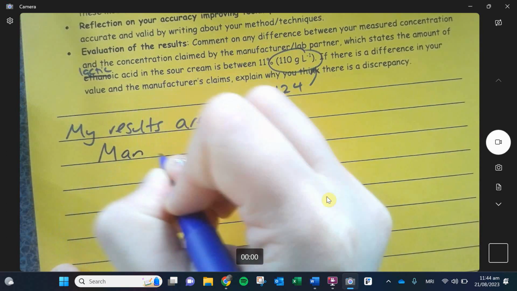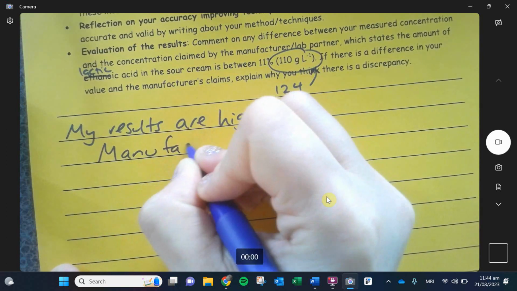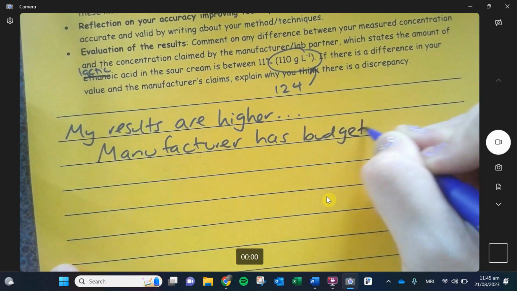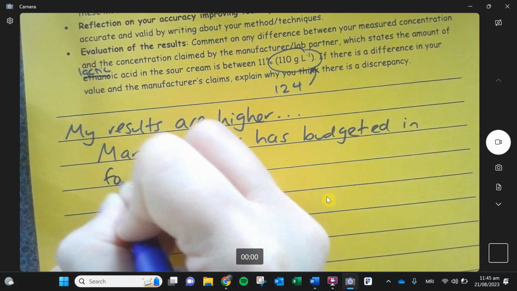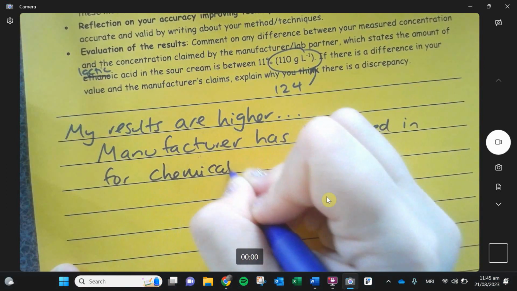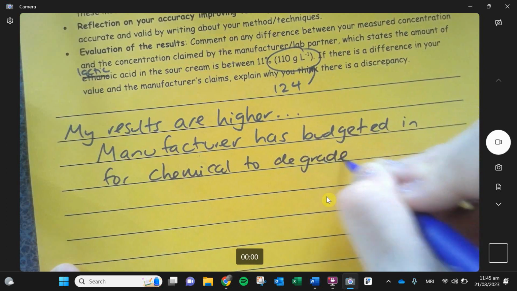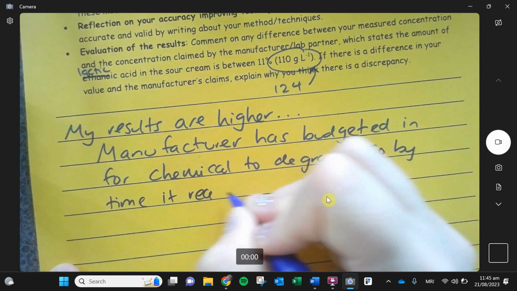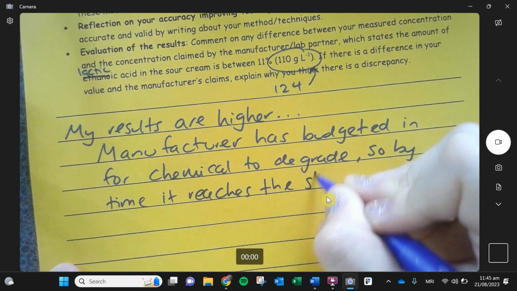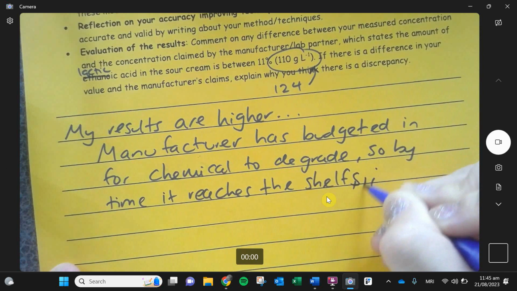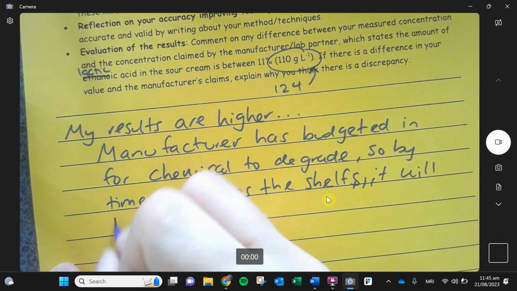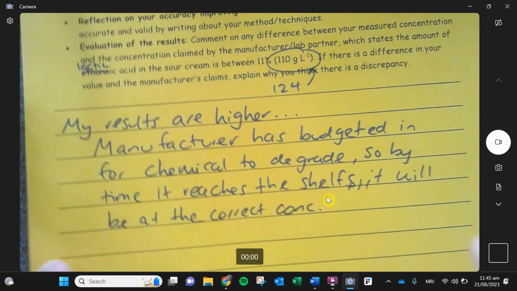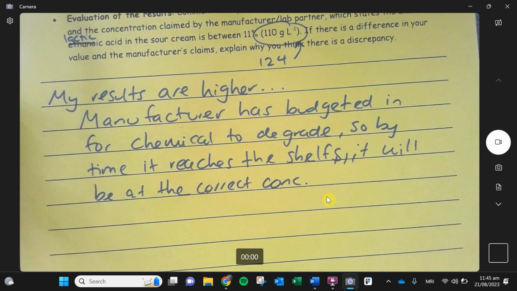The manufacturer has budgeted in for the chemical to degrade, so by the time it reaches the shelves, it will be at the correct concentration. Very normal thing that they do.